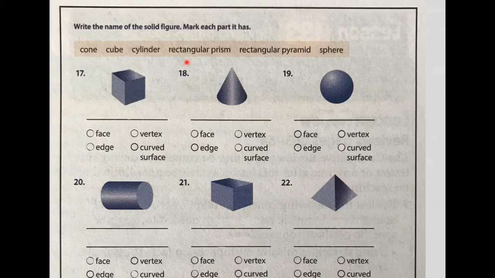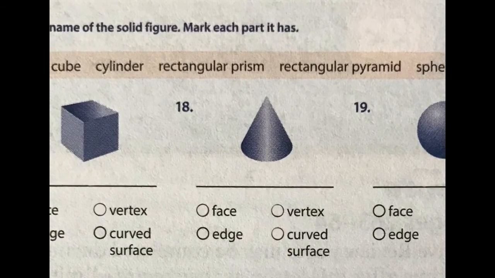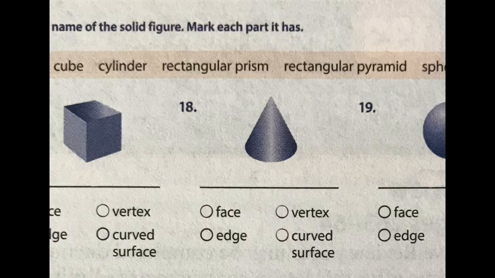Again, they give you another colored box with the names in it, and then you're going to write the names under the figures, and then you're going to tell me which of these attributes apply to that shape. Does it have a face? Does it have an edge, a vertex, or a curved surface? Now, some of you had some difficulty with the cone, so let's take a look at number 18 real quick.